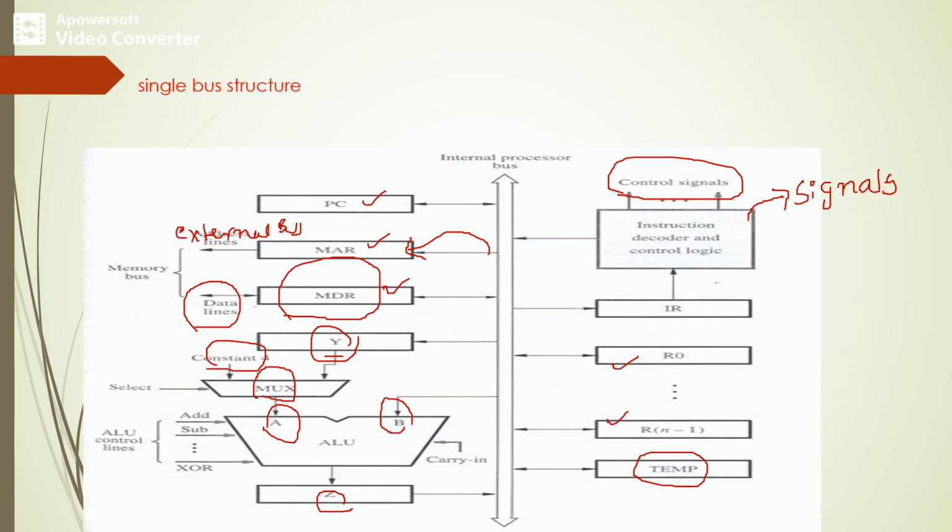Thus, the select line of the MUX may be either select 4 or select Y.